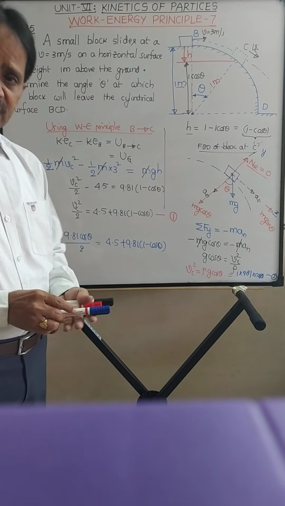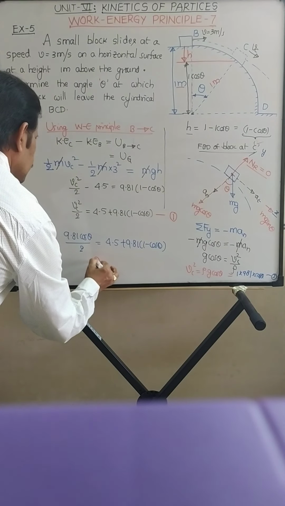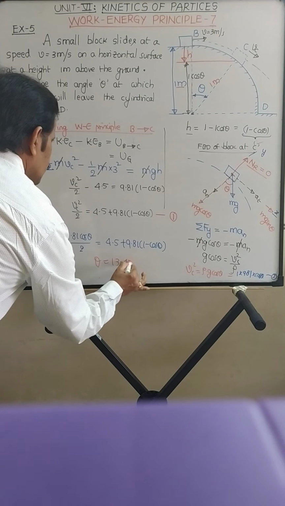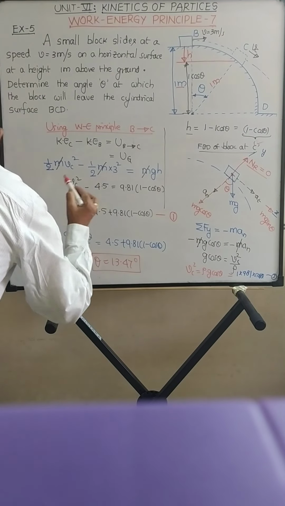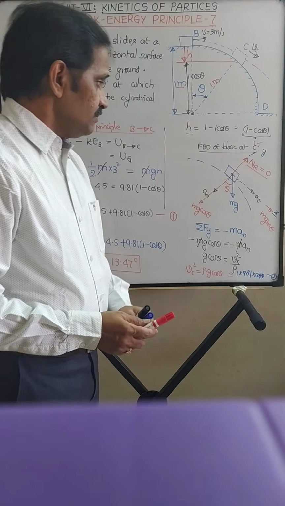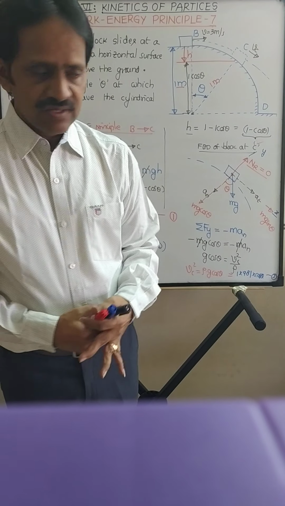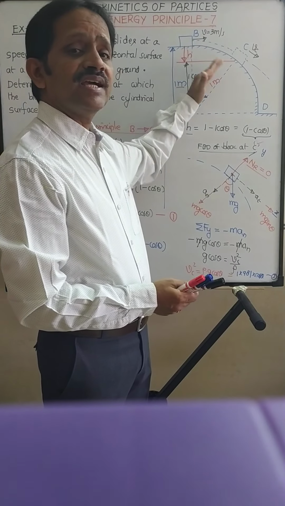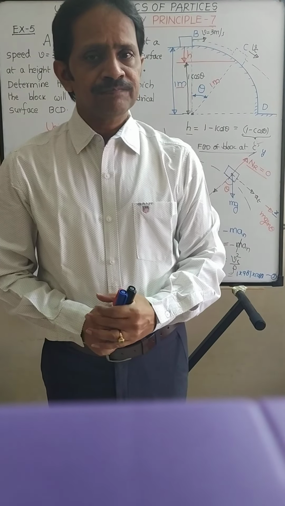Solving this equation, we can find out theta. Theta is equal to 13.47 degrees. So when theta is equal to 13.47, the block is going to leave the cylindrical surface. So theta is the angle made by that block with respect to vertical when it leaves the surface. Understood? Thank you.